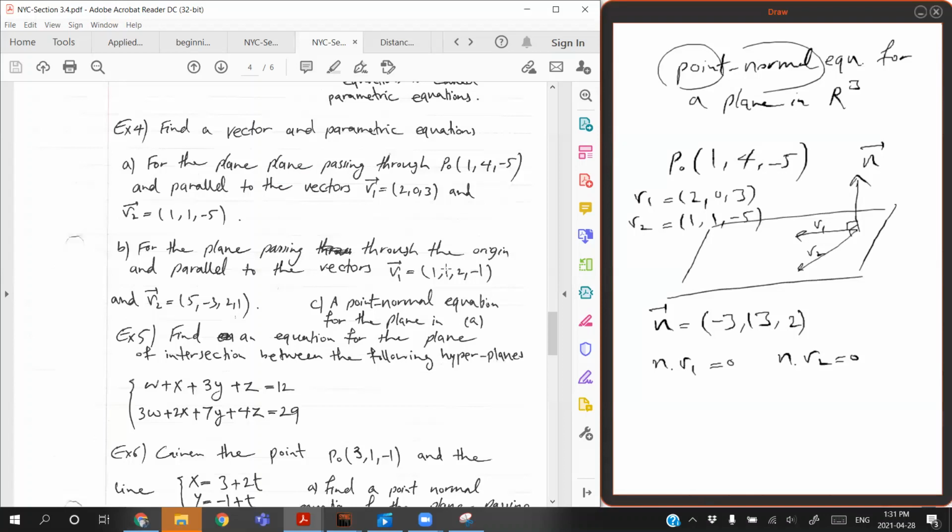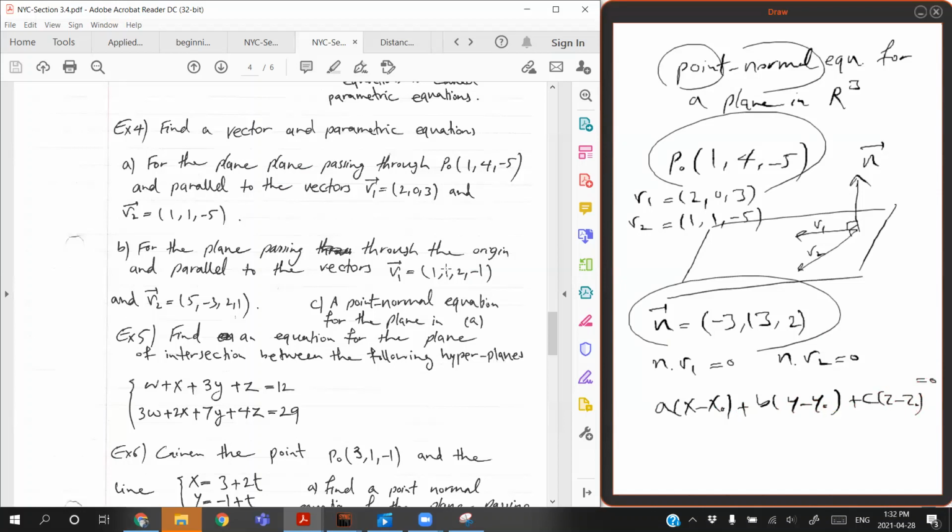Yeah. Okay, great. Now, I have everything that I need. I need a point, and I need a normal, and I have them. So I just plug the values into the formula: a times x minus x0 plus b times y minus y0 plus c times z minus z0 is equal to 0.